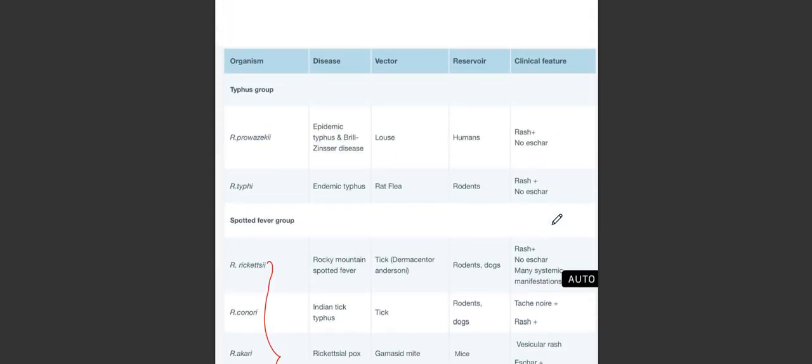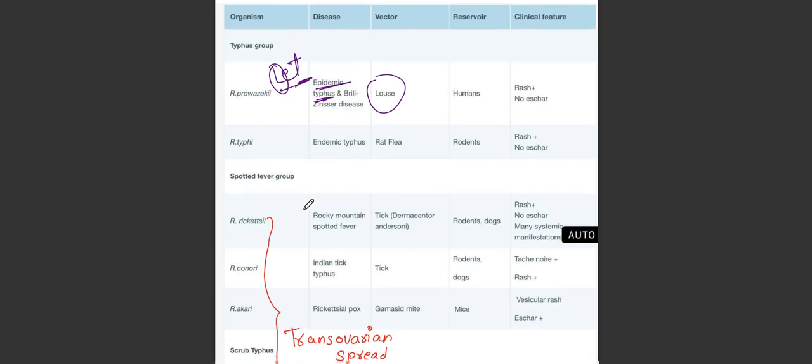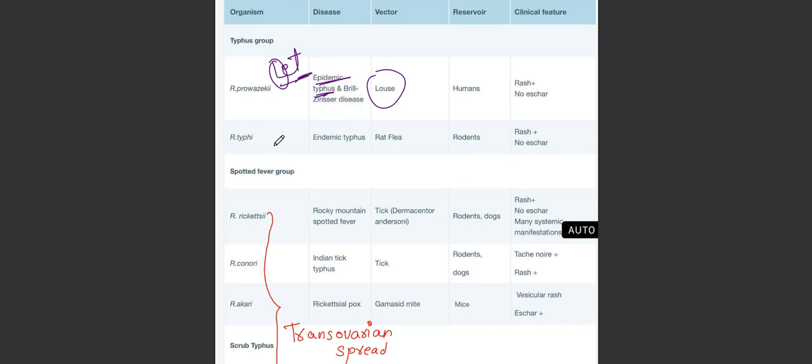Let us compile what we have studied. First, Rickettsia prowazekii is the organism, and here our mnemonic is LET. L is for louse, ET represents epidemic typhus. Then Rickettsia typhi means FEN: F for flea and EN representing endemic typhus.